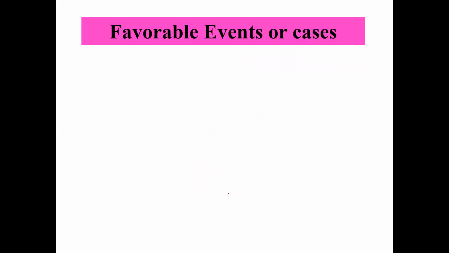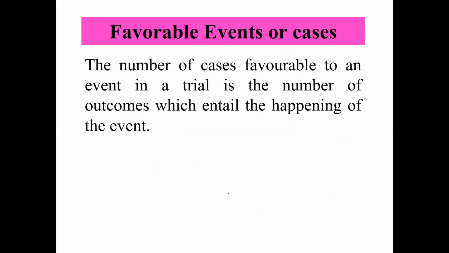Now we have another term, which is known as favorable events or favorable cases. How do we define it? The number of cases favorable to an event in a trial is the number of outcomes which entail the happening of the event.